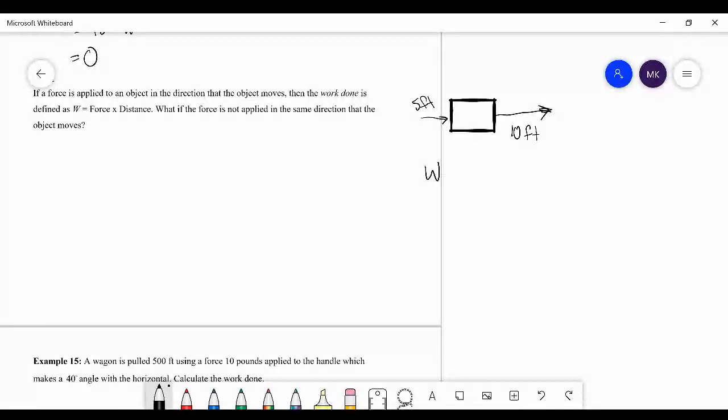Sorry, the force isn't 5 feet. The force is 5 pounds. So we have 10 feet times 5 pounds, and that's equal to 50. The units of this are foot-pounds is how we read it. We abbreviate it ft-lb.